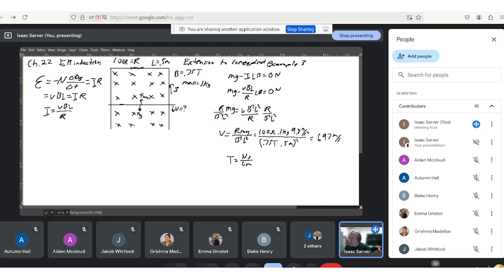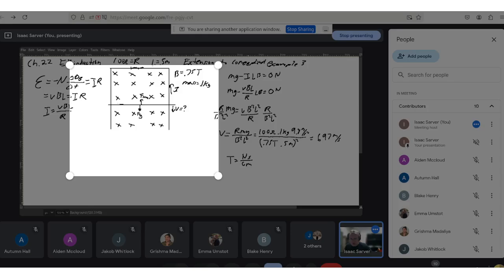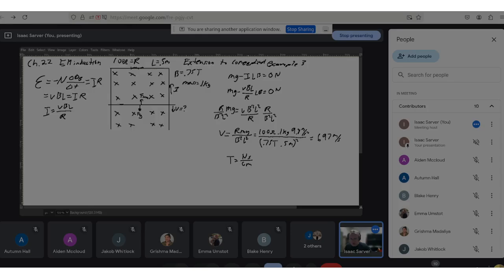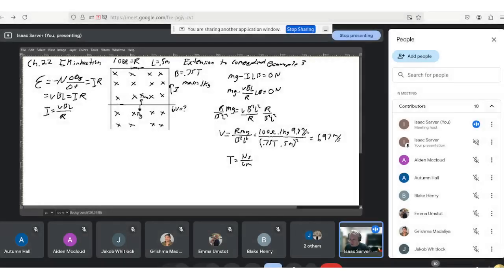Let's go with kilogram meter squared per second Coulomb squared. Let's just grab that. Copy it. Paste it there. And drop it. Thank you. And this is the ohm.